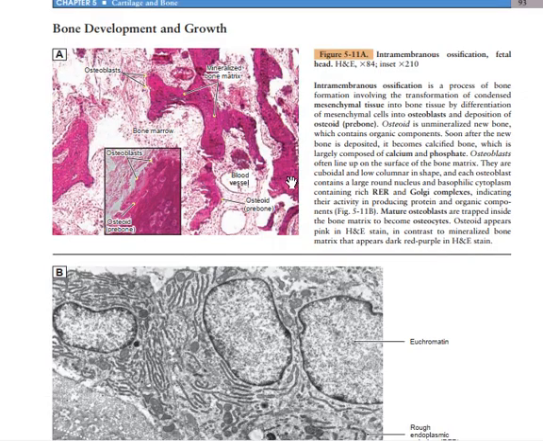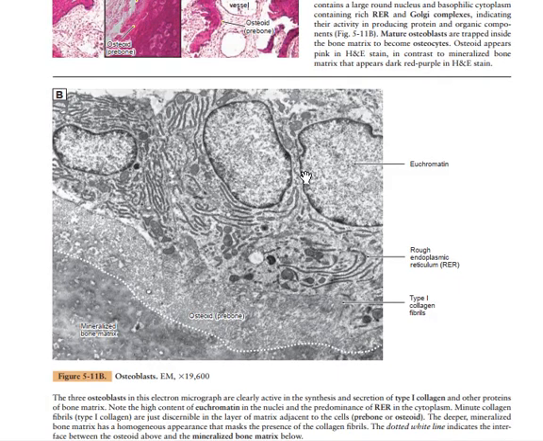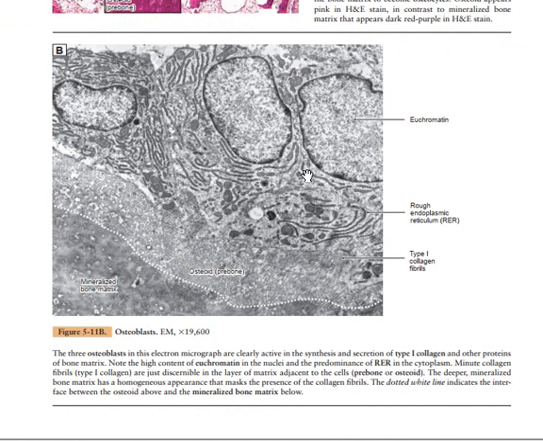Next, this is the osteoblast shown on electron microscope. Here we have the cell, which has the nucleus with chromatin. You can see the type 1 collagen fibers here.